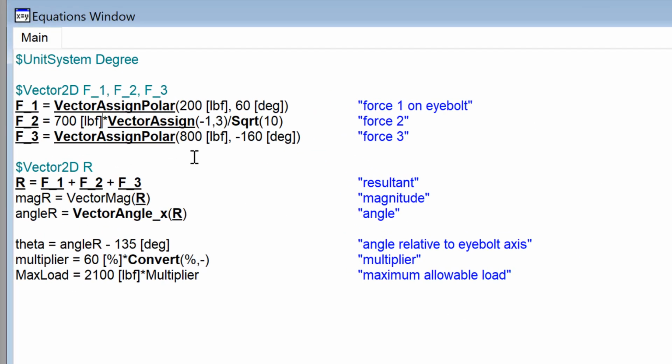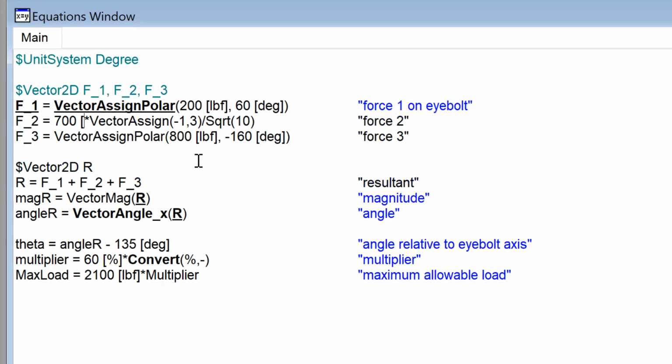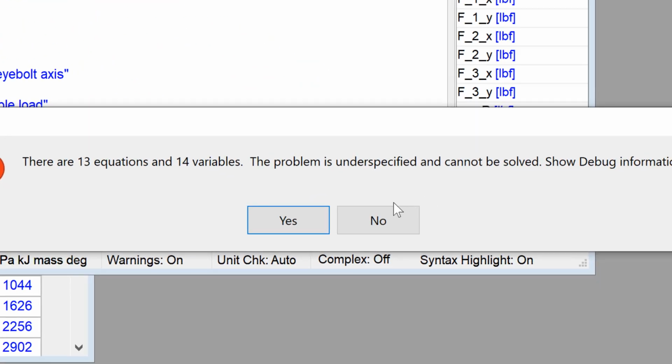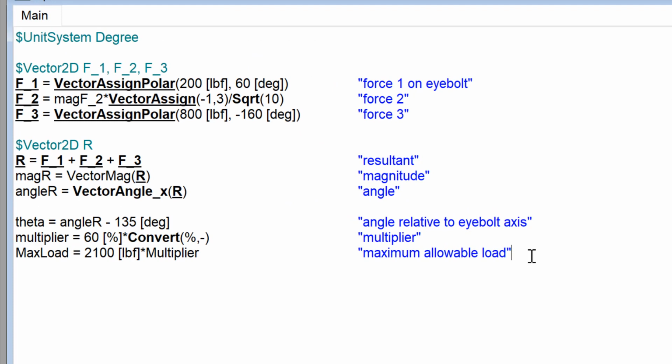Probably a better way of doing that is to just replace this magnitude with a variable. Let's call it mag of F2. And of course, if I try to solve now, it'll say that I'm underspecified, right? So I have to add an equation, and that equation is that the magnitude of the resultant is equal to max load. So this is basically our failure criteria.